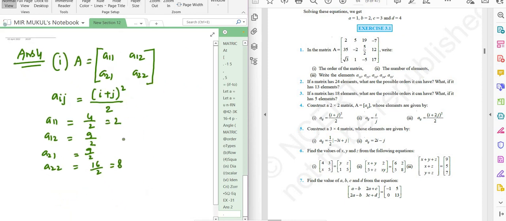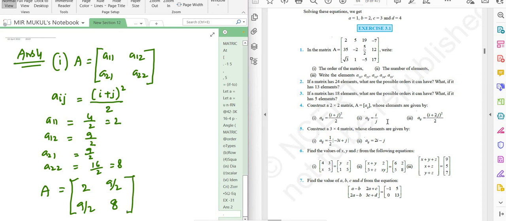You will not leave it like that; you have to write the matrix. So A equals 2, 9 by 2, 9 by 2, 8. This is our answer. Second, third, and question number 5 you will complete by yourself.